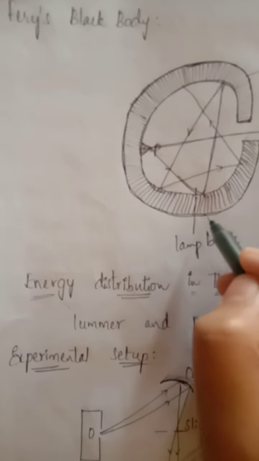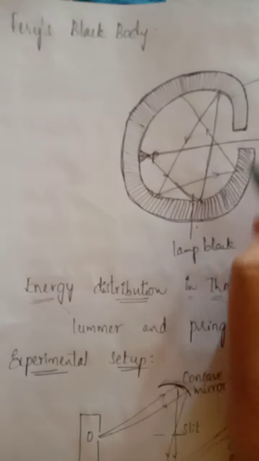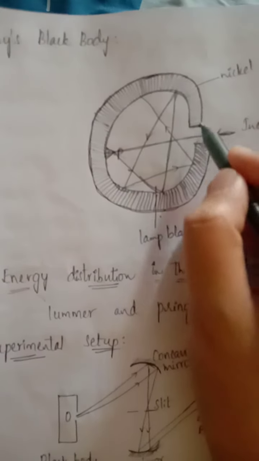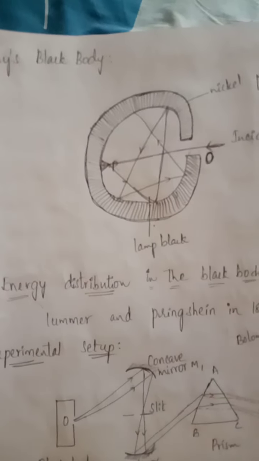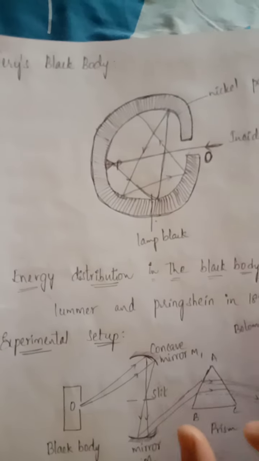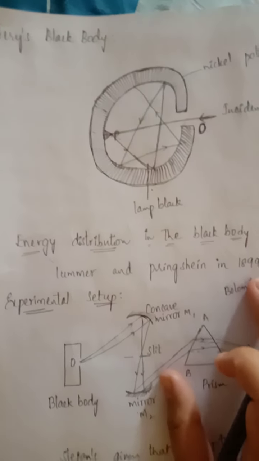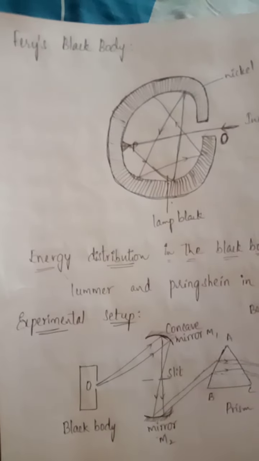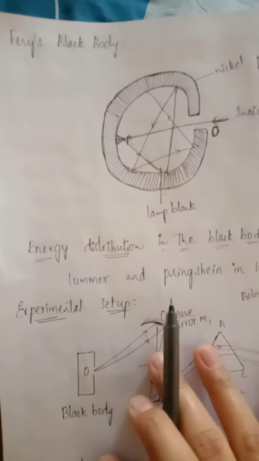Whenever we heat this Ferry's black body, it will emit all the radiation it has absorbed, with all different wavelengths. So this is all about the Ferry's black body. It is one example of a black body, which is explained practically. Using this we can get the black body.